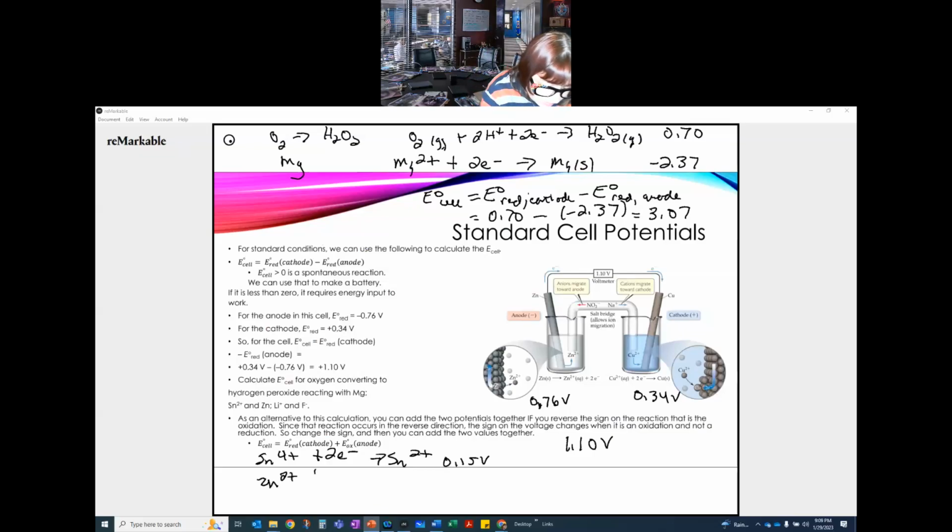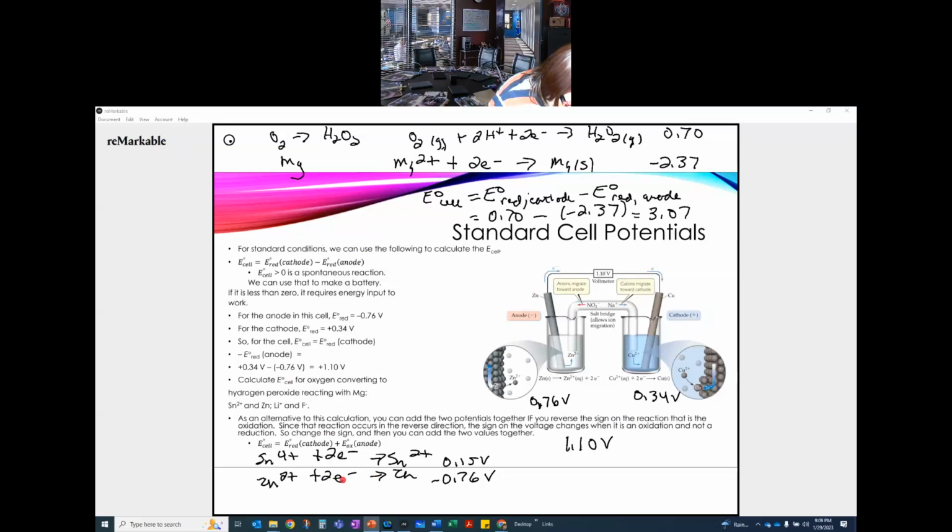Zn2+ plus 2e- gives Zn solid, and that value is -0.76. Right? So it says Sn2+ and Zn. So that means I want this one going the other direction. It's actually not going to be Sn2+, is it?